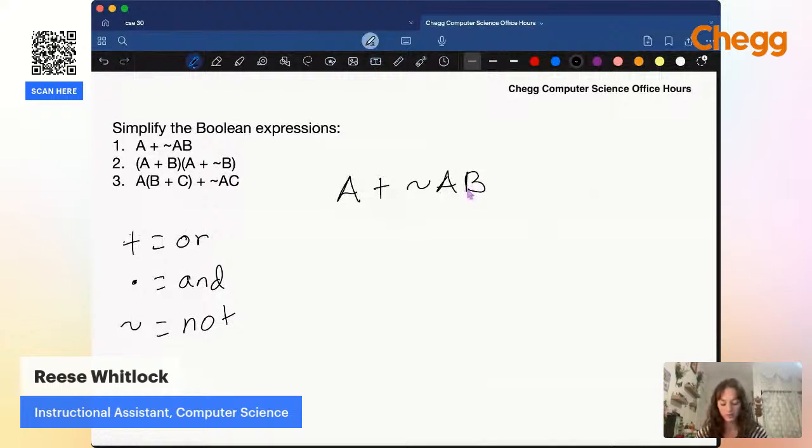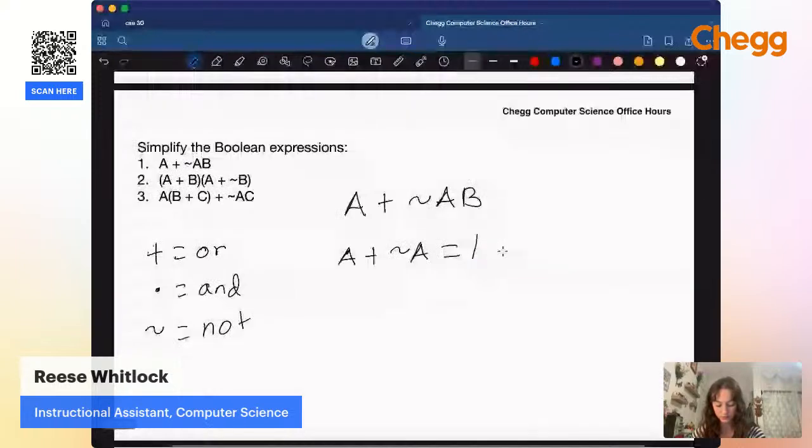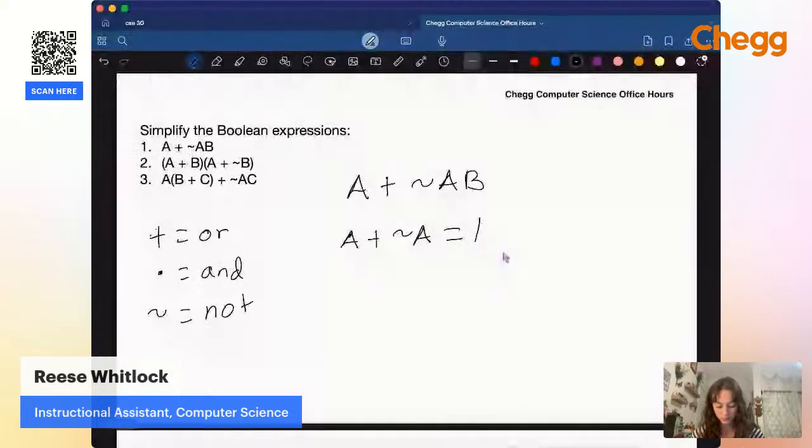we're going to first just think about what A or not A means. A or not A will always be true, no matter what. So we know that A will either be A or not A. And because of that, we need either B to be true or A to be true.